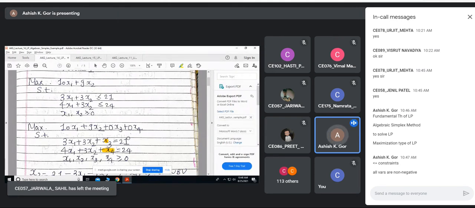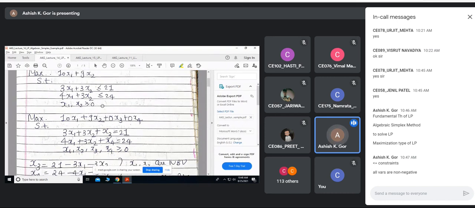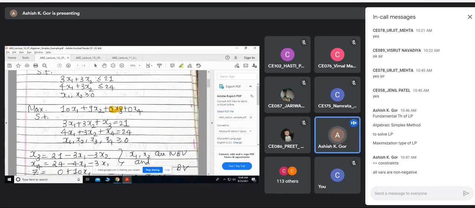So my constraints become 3x1 plus 3x2 plus x3 equals 21, and 4x1 plus 3x2 plus x4 equals 24. x3 and x4 are greater than or equal to 0. And I also add 0x3 plus 0x4 in the objective function. So this is the first thing that you need to do.